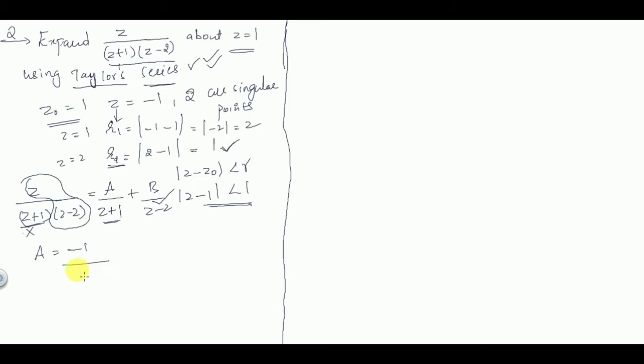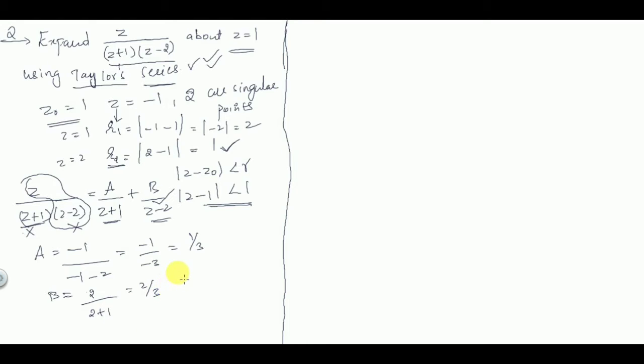So it is minus 1 by minus 1 minus 2, so minus 1 by minus 3, which is 1 by 3. Similarly for b, substitute z is equal to 2 excluding z minus 2, so 2 by 2 plus 1, which is 2 by 3.